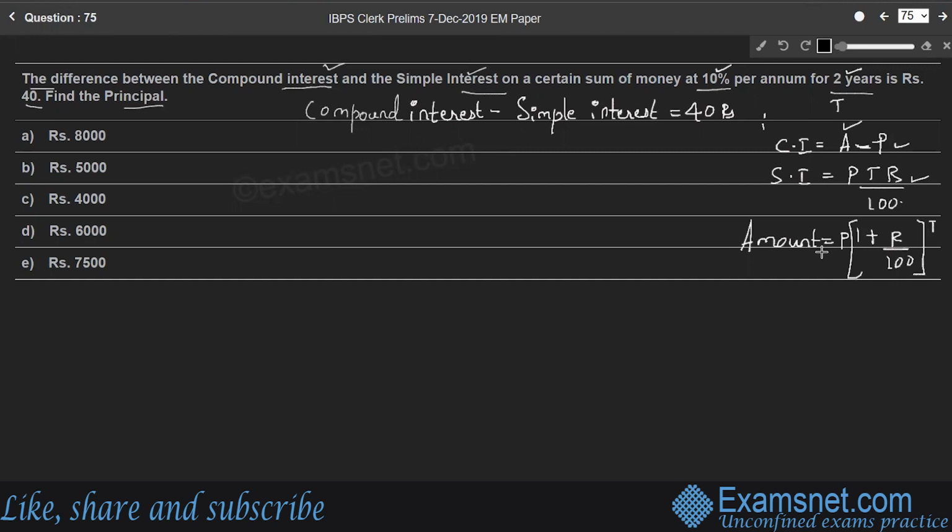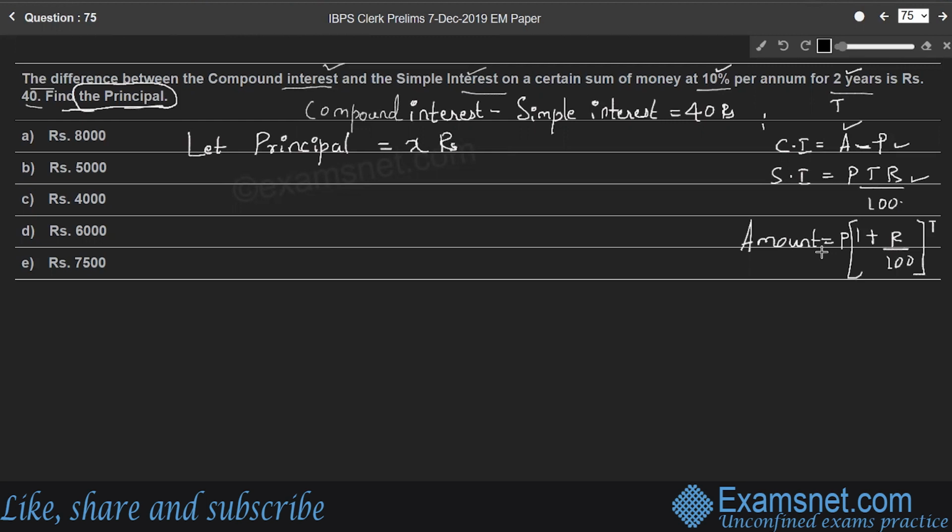So in compound interest minus simple interest is equal to 40 rupees. Right. So here it is asked to find the principal amount. So let us assume the principal amount is X rupees, right? So let principal be equal to X rupees.